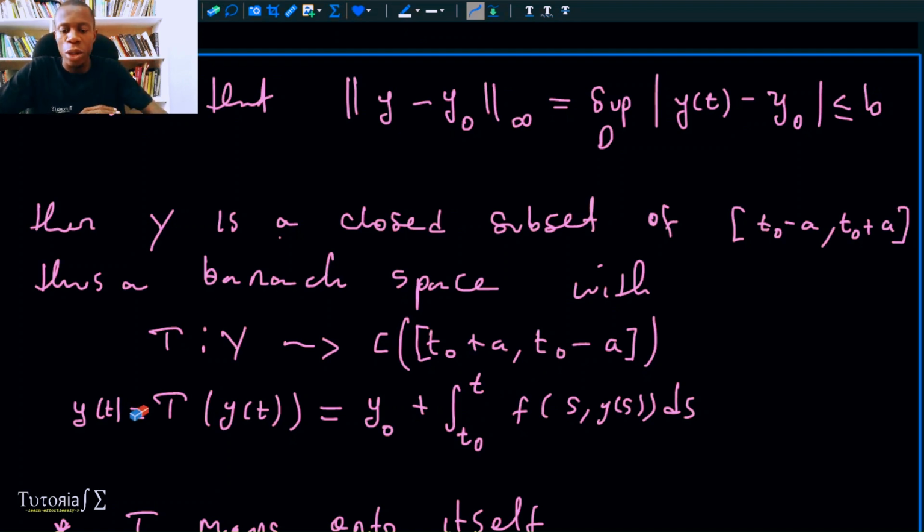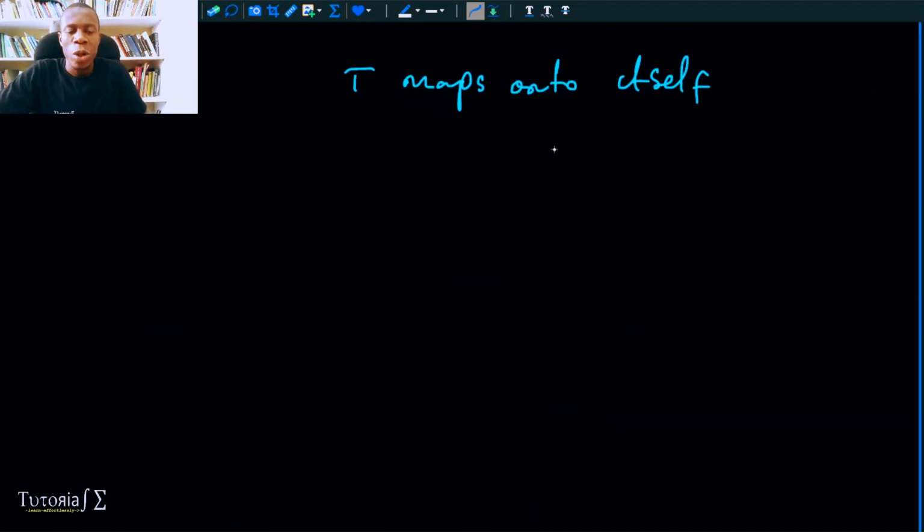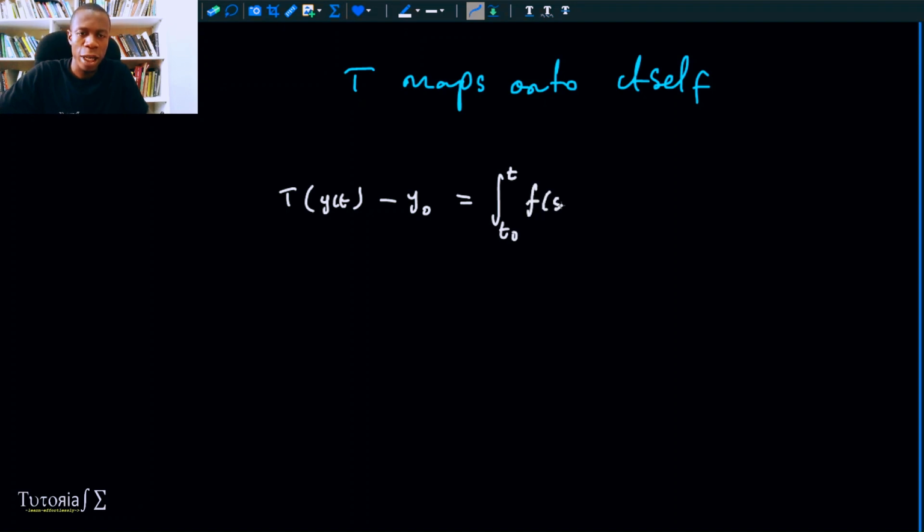So we are going to show that T maps onto itself. We get T(y)(t), which is just the transformation of y(t), and we transpose y₀. We have the integral from t₀ to t of f(s, y) ds.